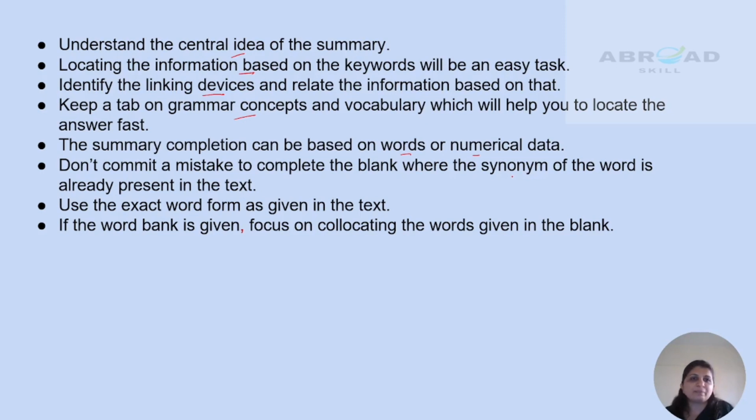And for example, if the synonym is already mentioned, don't jump to the conclusion. The keyword is there and you are getting the synonym, you are done with the answer? No, don't jump, don't run your horses on that ride. Use the exact word format which is given in the text. So here you need to focus on collocating the words which are given in the blanks, if the word bank is given to you. This will help you pretty much easier to find the correct answer.